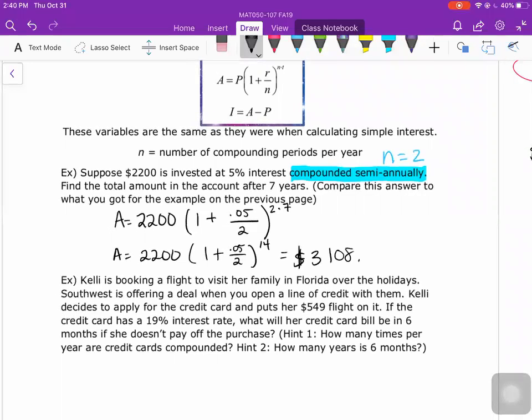3,108 and 54 cents. Okay, let's compare this to what we found when we used simple interest. What does that mean? Which one's worse? You tell me.